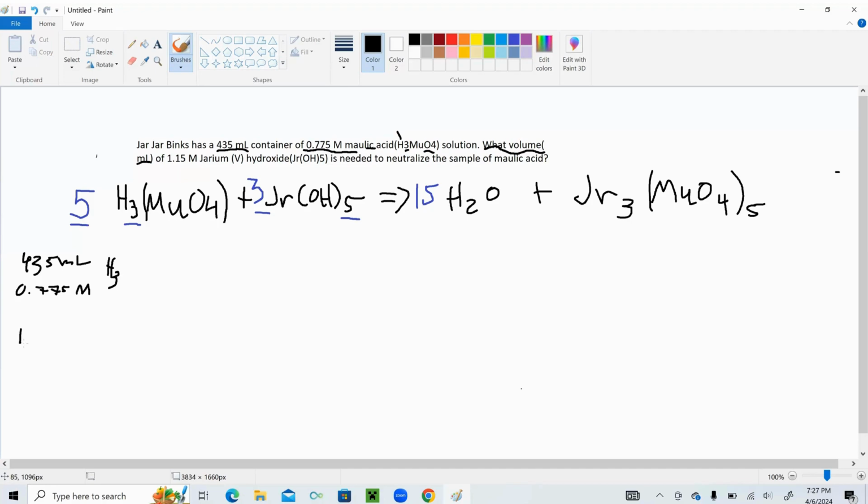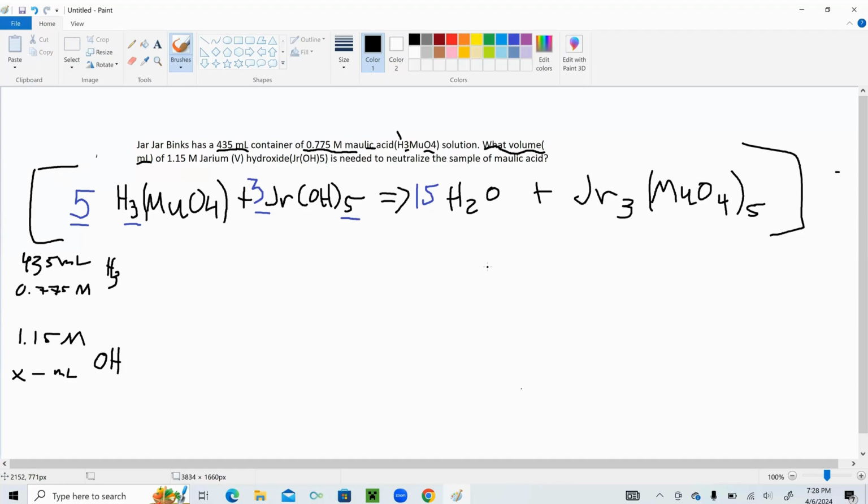And we are given 1.15 molar, and we don't know the volume. So we're trying to find that of the base. I just like to write OH for the base. So now we already know the balanced chemical equation.